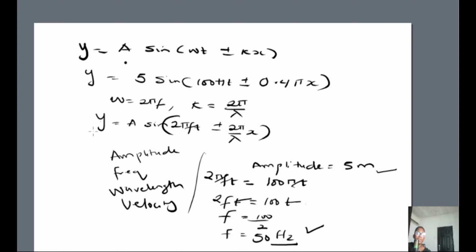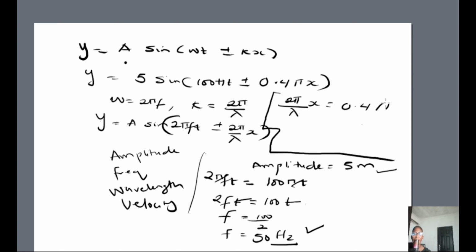So we have 2 pi over lambda x is equal to 0.4 pi x. So x will cancel x, and pi will cancel pi.